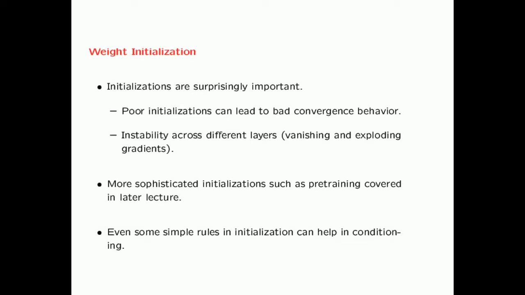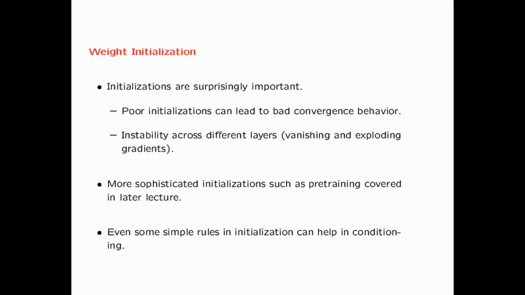The second issue is weight initialization. Initializations are surprisingly important. Poor initializations can lead to bad convergence behavior. In fact, one of the key aspects in neural network training is the recent research in picking good initializations, because it has been found that when you are working with very deep networks, you have instabilities in the values of the gradients across different layers.